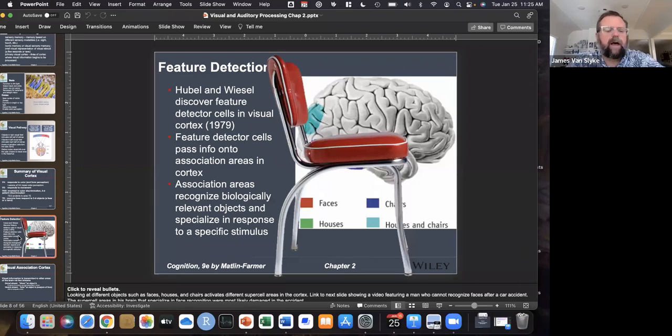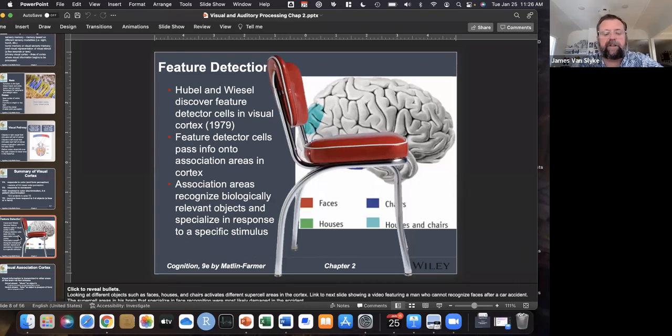And so the early processing within the cortex starts within the occipital lobe, and then it moves further on into different areas to further process certain kinds of visual information. The primary areas that it moves to are called association areas.